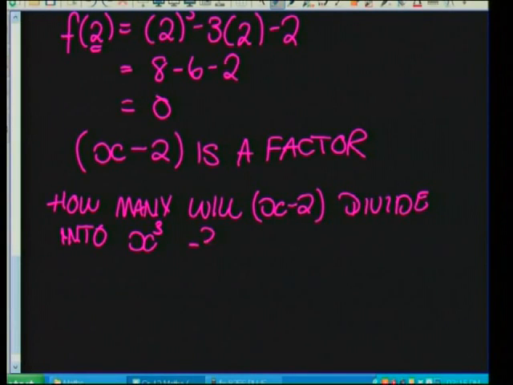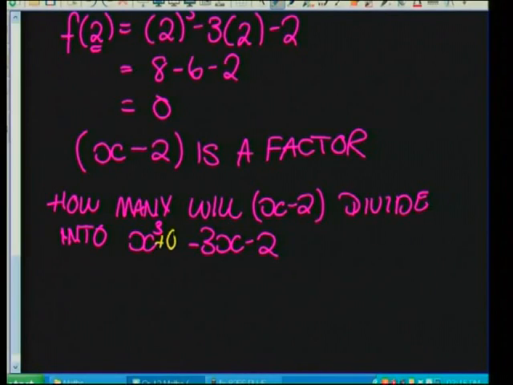Now you can see I'm leaving a space over there, and there's a reason for that. When we have a cubic equation like this, we want to have it written in descending powers of x, okay? I've got an x cubed, I've got an x, but the value that I'm missing in the middle is x squared, all right?